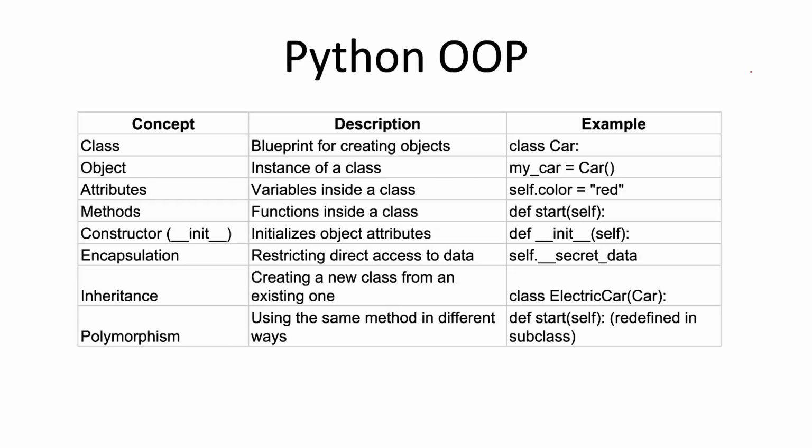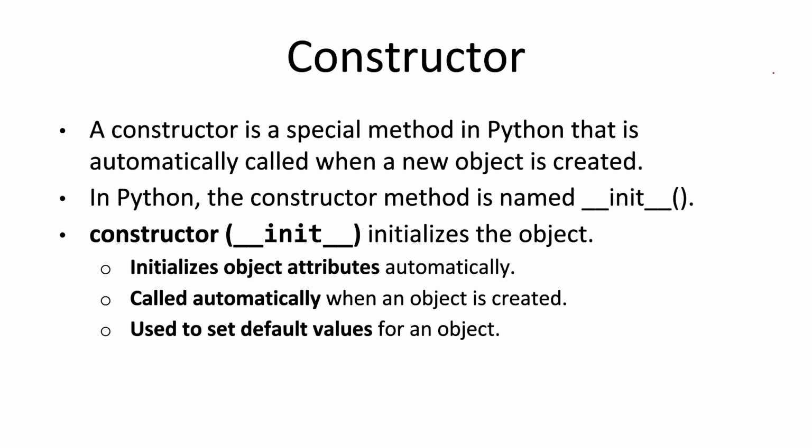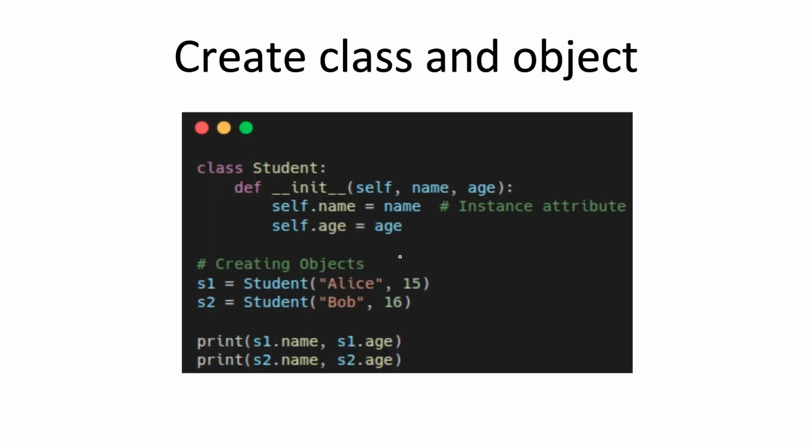This is a student, another example we have seen. In the last class we saw the constructor and how to create it. We create a constructor using init with underscores. You can see this function, __init__. This is your constructor, and in the constructor you define all the attributes or properties.